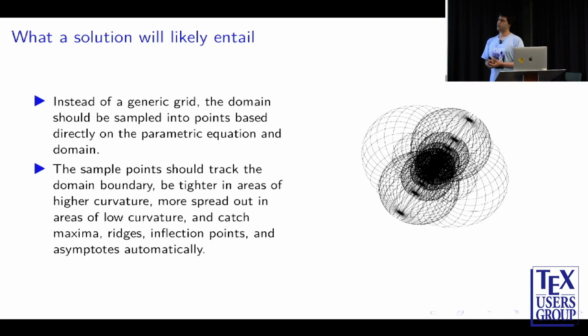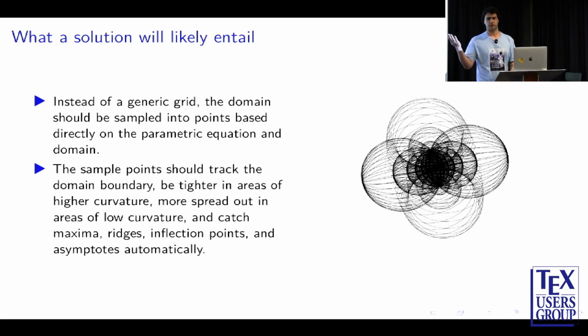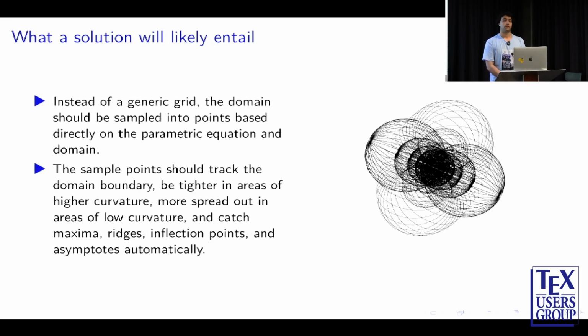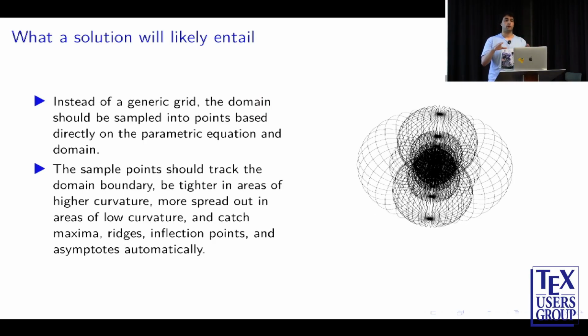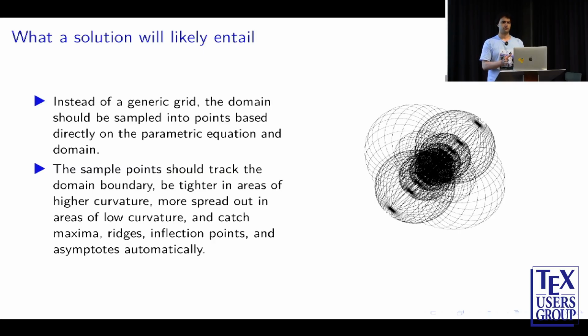Instead of a generic grid, we would sample the domain, in this case for a surface, based on its parametric properties, for instance, using CAS-like capabilities. That would let us identify very specific regions in its domain where it is doing important things, like inflection points or inflection regions if it's a surface.